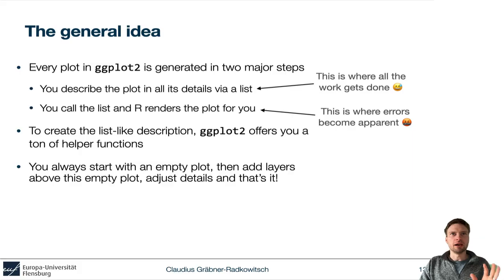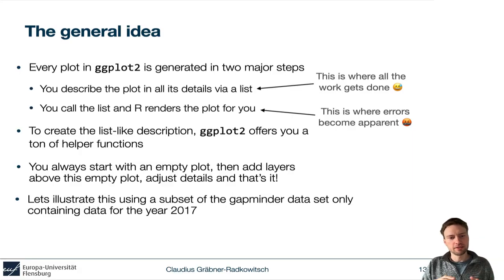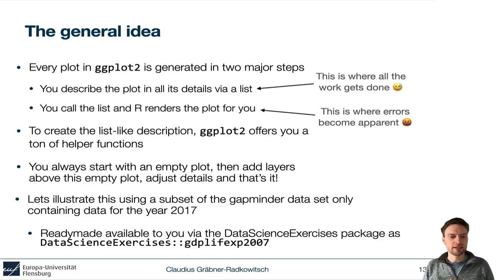And what I would like to do is to illustrate this using a subset of the very famous Gapminder data set that only contains data for the year 2017. It is made available through this package data science exercise. And throughout the next videos, we will create this plot on the left side that you just saw on the previous page step by step.